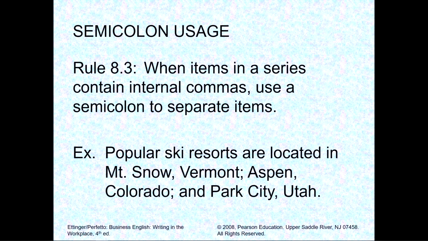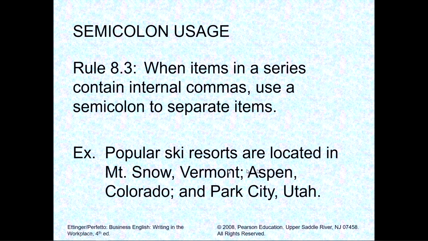8.3 is another rule for semicolons. When items in a series contain internal commas, use a semicolon to separate the items. Here: popular ski resorts are located in Mount Snow, Vermont, right? Semicolon because there's a comma right there. This is internal, internal and internal, right there and right there. So you need to put a semicolon here and a semicolon here, right?